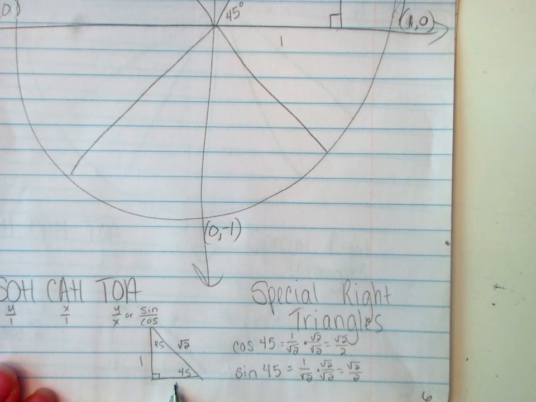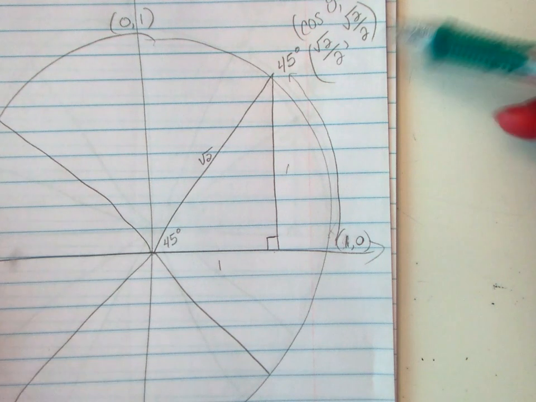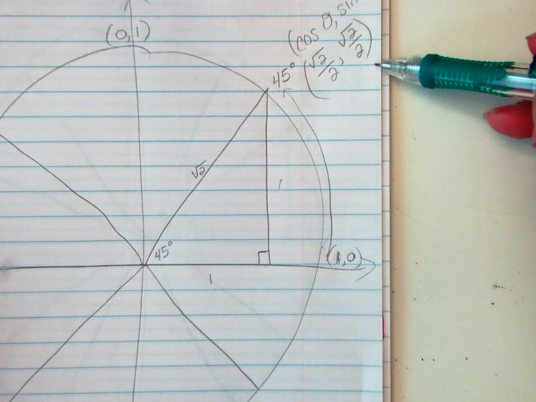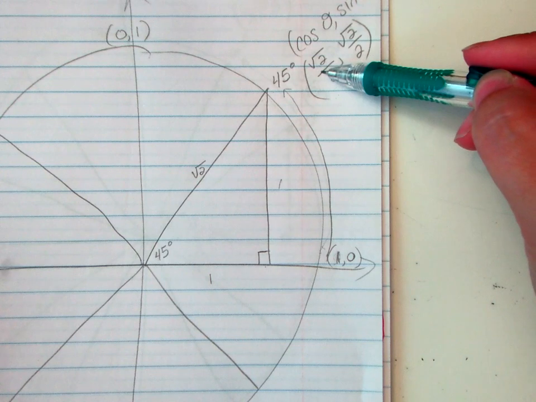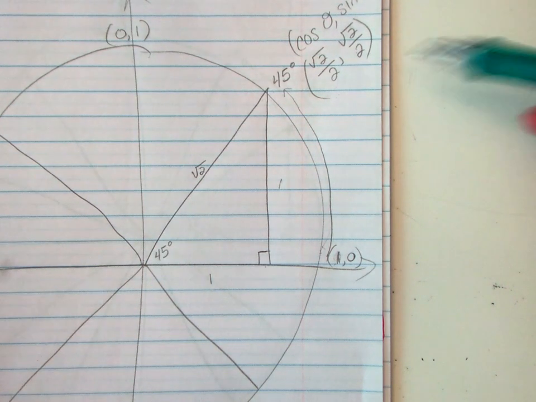The sine of 45, opposite, which is 1, over the hypotenuse, which is square root of 2, is also square root of 2 over 2. So the cosine and the sine are the same for the 45 degree angle, and that is how we find our x and y point here. This is my x, my cosine. This is my y, my sine.